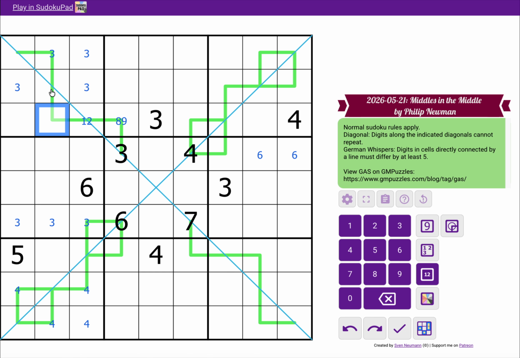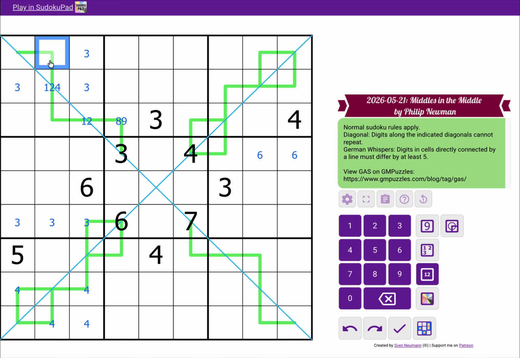And then here, this could be, can't be a 3. This could be a 4, 1, 2, 4, basically. Then here we're going high again.